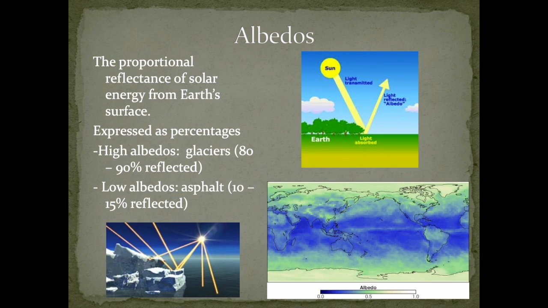So what does that mean to the overall total climate? If you're looking at more ice, you're looking at less heat retained, more heat dissipated, lower temperatures. If you're looking at less ice, you're looking at more heat retained, higher temperatures, less heat dissipated.